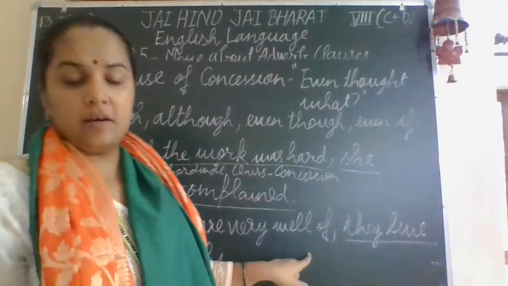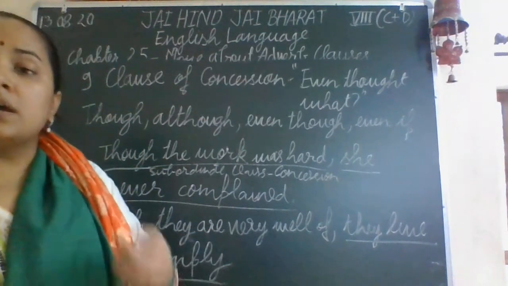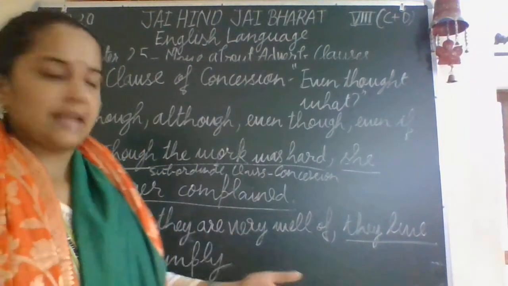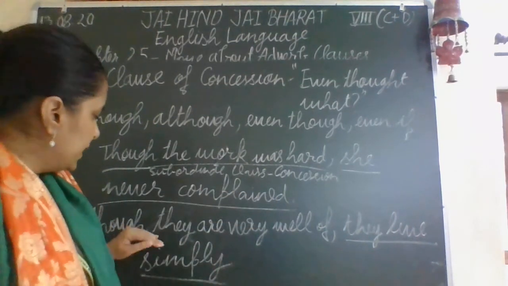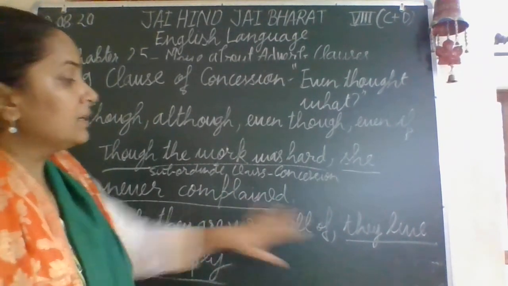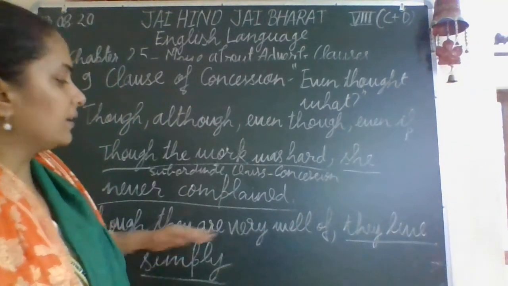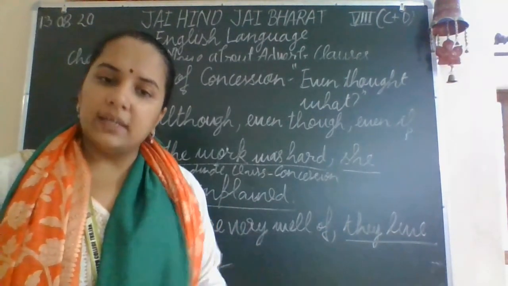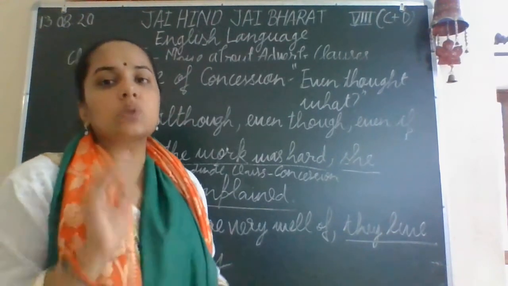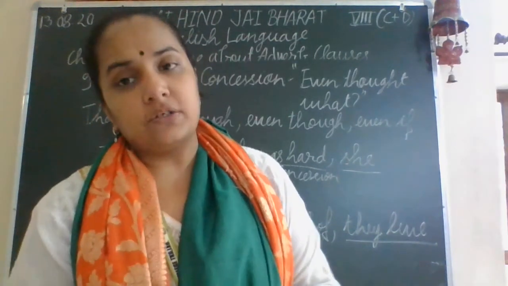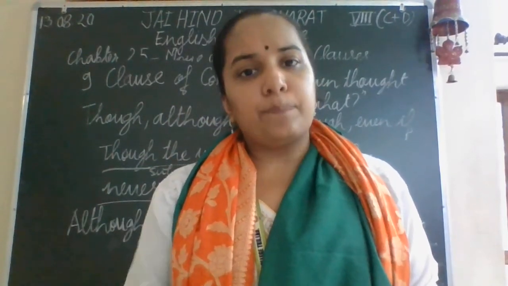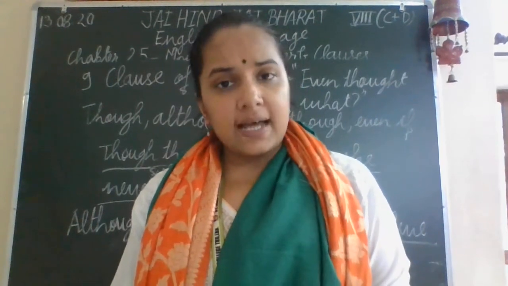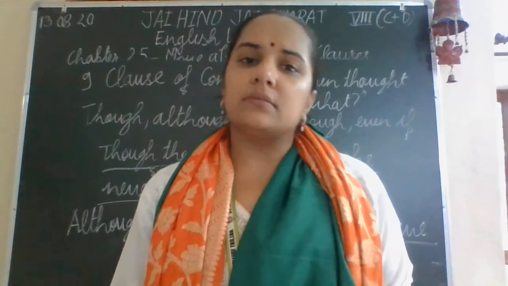Although they are very well off, means they can afford a luxurious lifestyle or something, but they live simply. So here this is the concession that they are giving to their lifestyle. So this is all about the nine kinds of adverb clause, that is time, purpose, place, result, reason, condition, concession, comparison, and the manner.